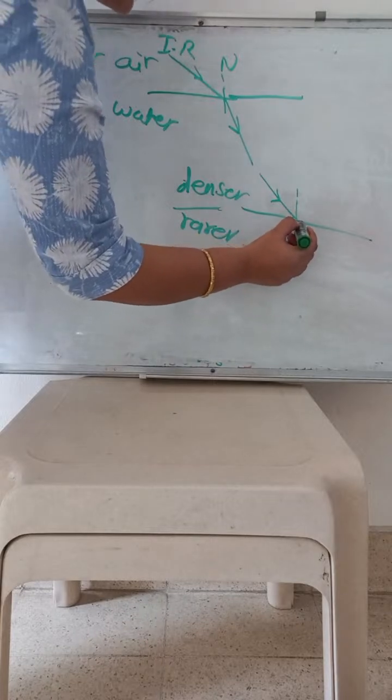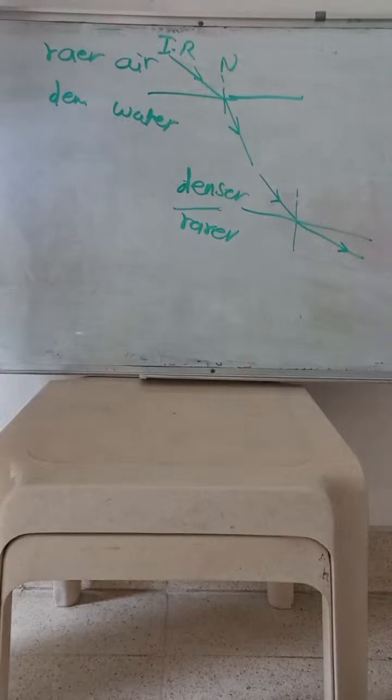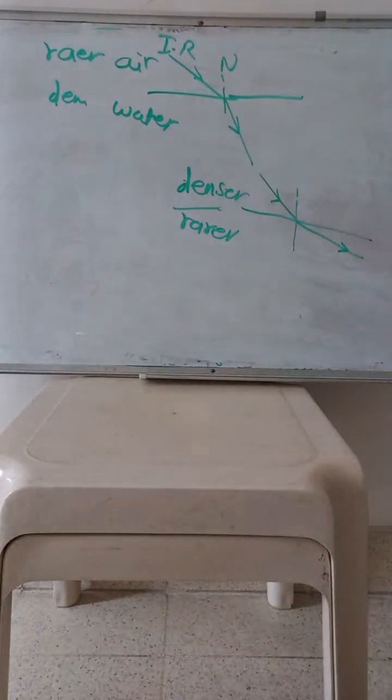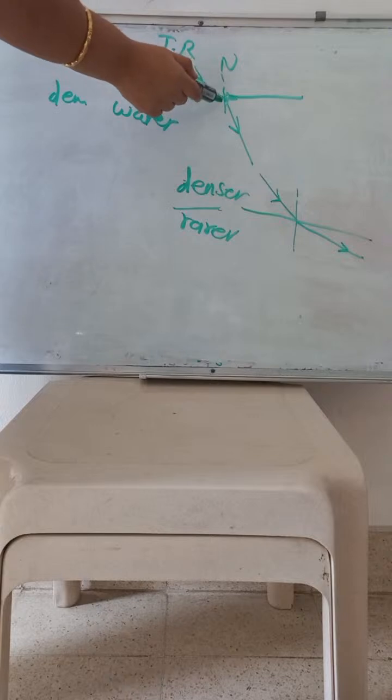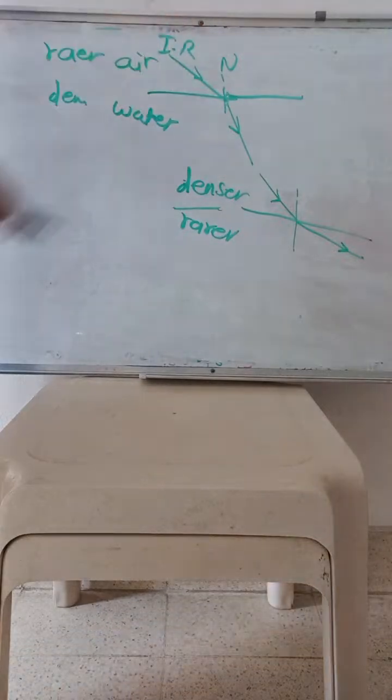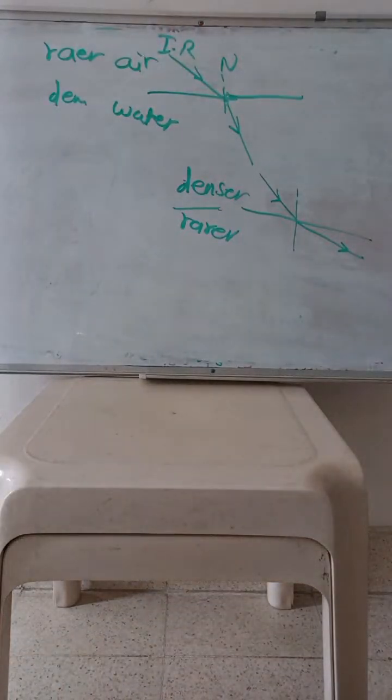In this case, the refracted ray goes away from the normal. This is the first law. Again, the incident ray, normal and point of incidence all lie in the same plane. This is the second law of refraction. That theory you can do, I explained it already.